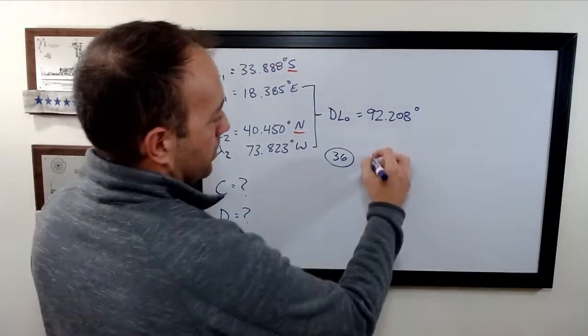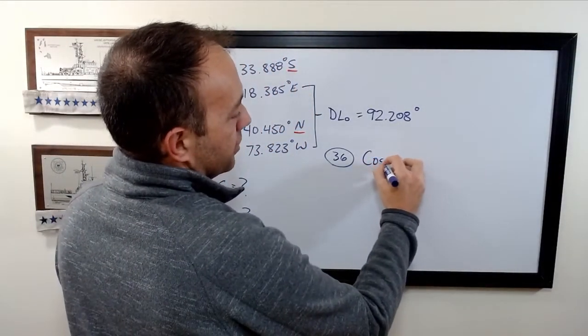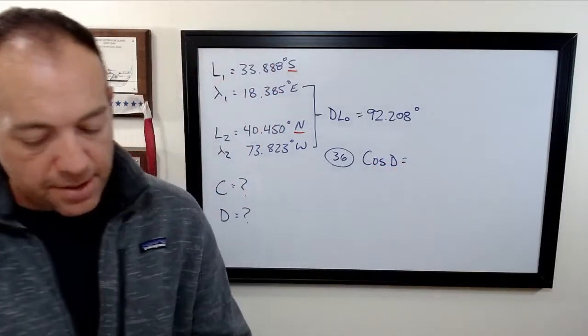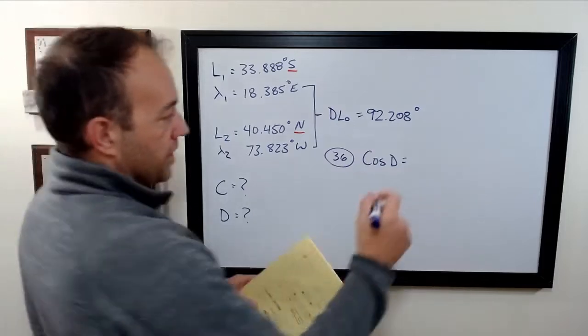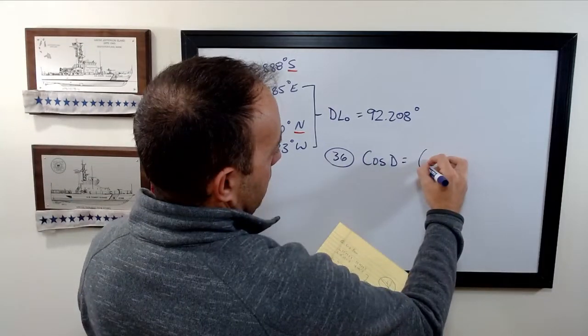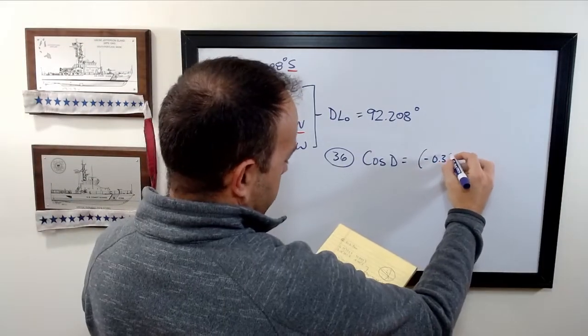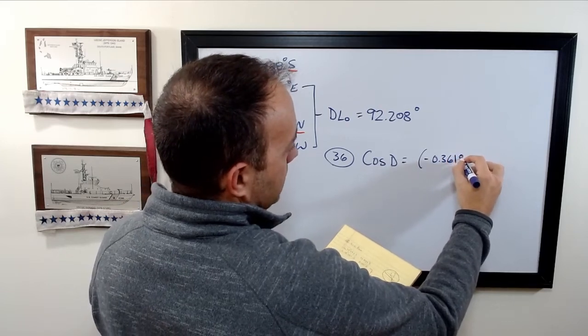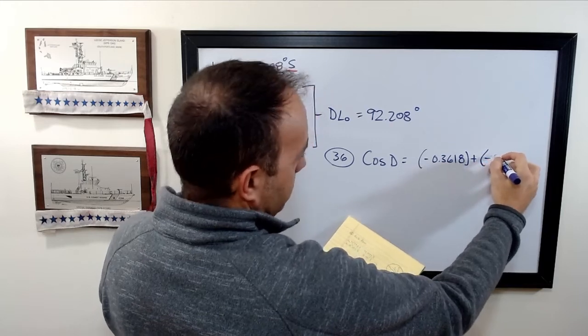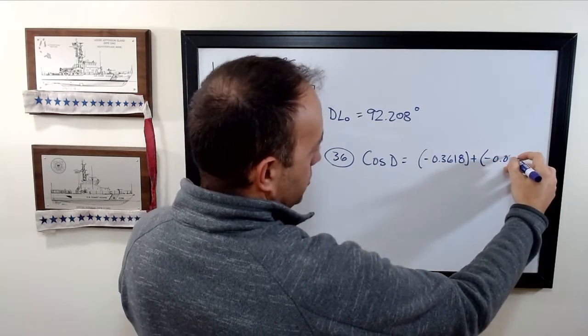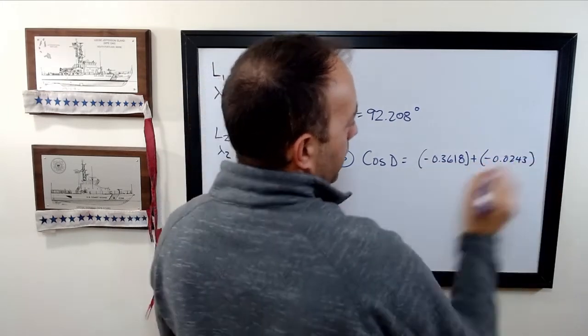And in order to save a little bit of room here, the cosine of d, when you type all those numbers into the calculator, you end up with negative 0.3618 plus negative 0.0243.